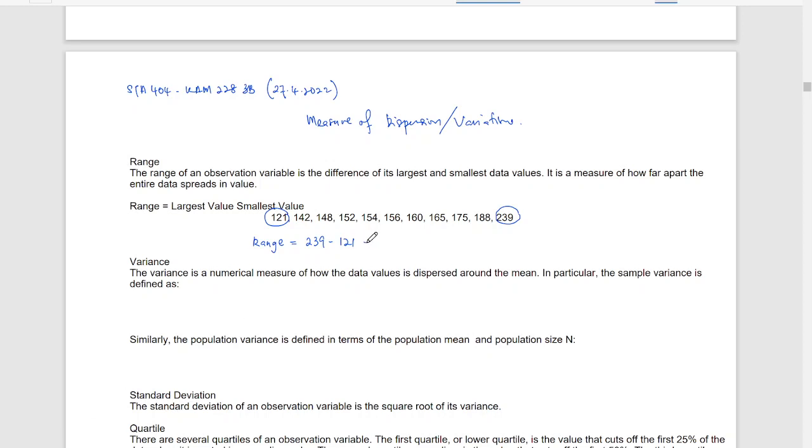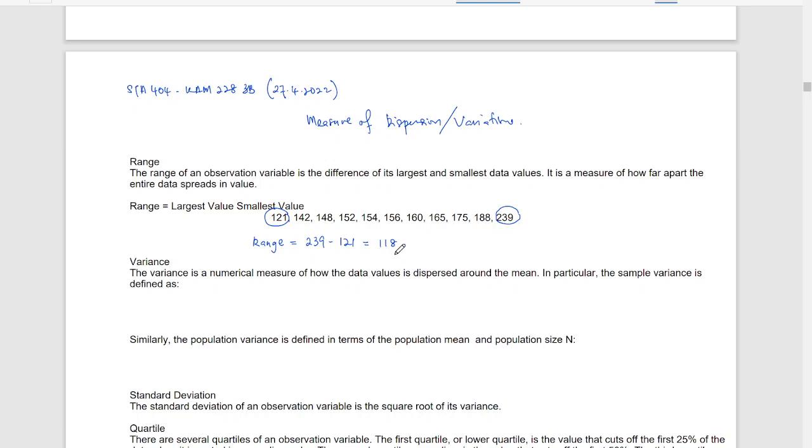Calculate this one, you should get 118, right? So you get the value to be 118. So this is the value of the range. Basically it's just simply taking the largest value minus the lowest value.